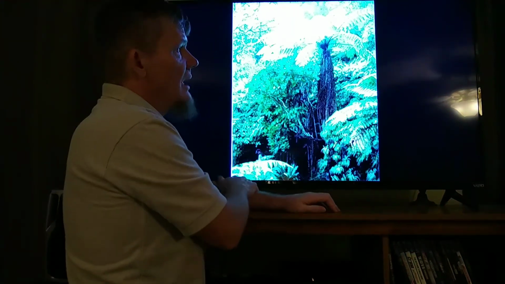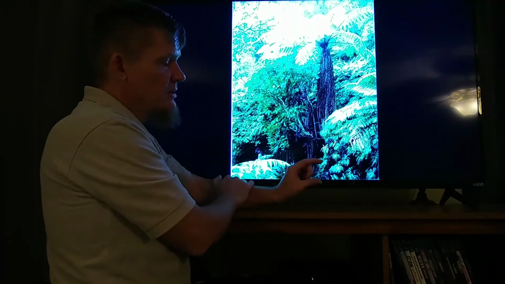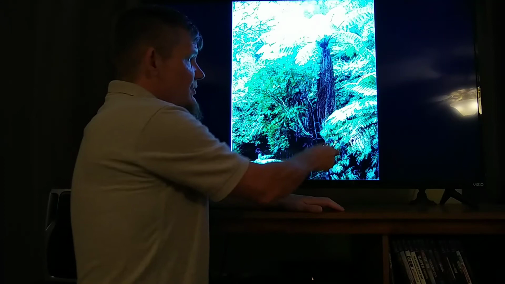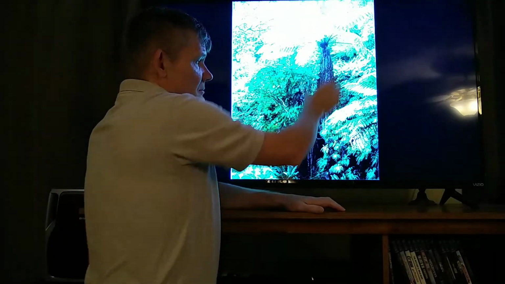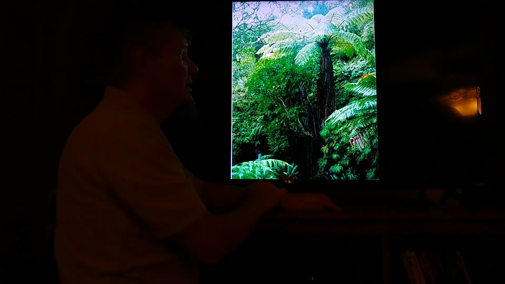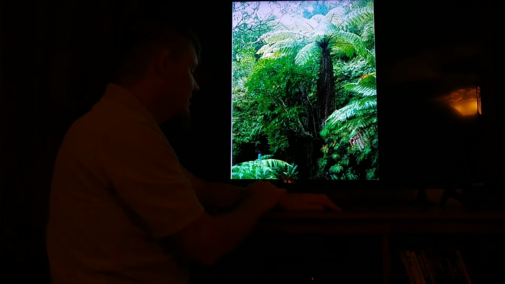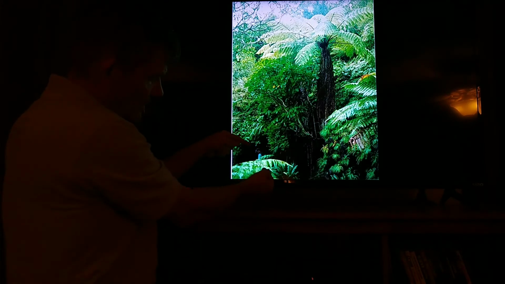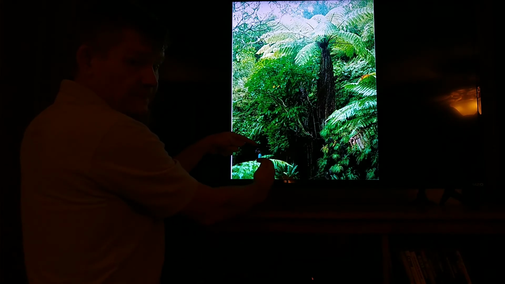So we said that ferns can be from a few centimeters tall up to 30 meters tall. This right here is a fern. A big, big, big fern. It's a whole tree that is a fern. Now I'm not sure if you can see very well in the picture to get a sense of scale, but I just want to show you. This right here is a guy.